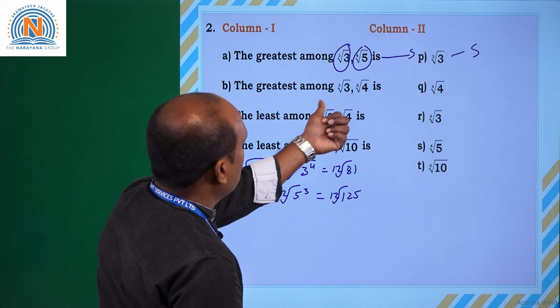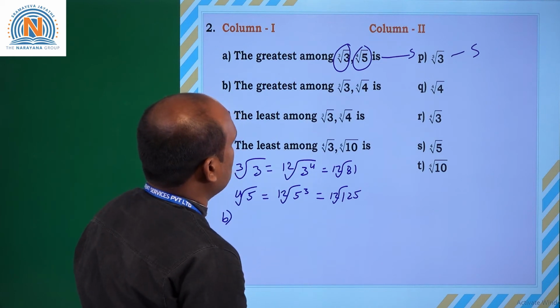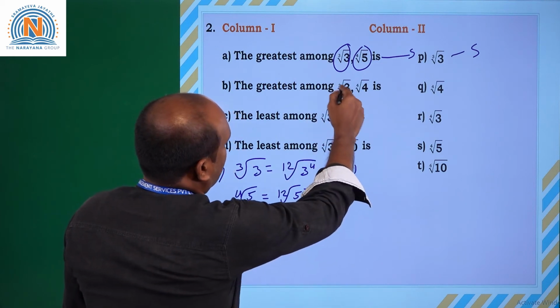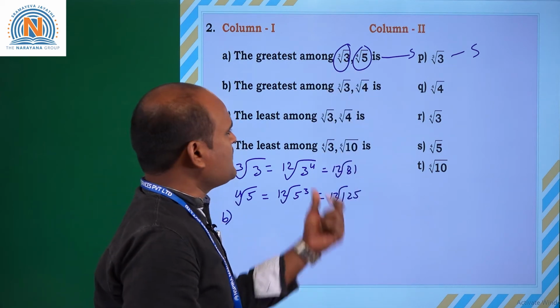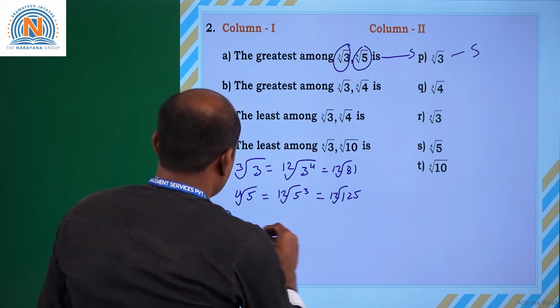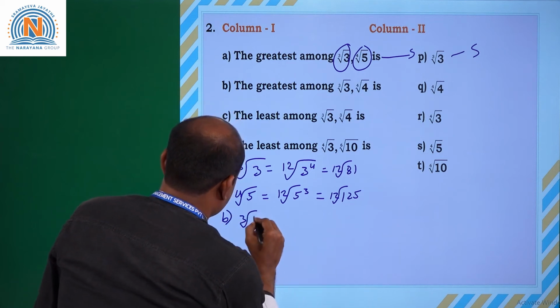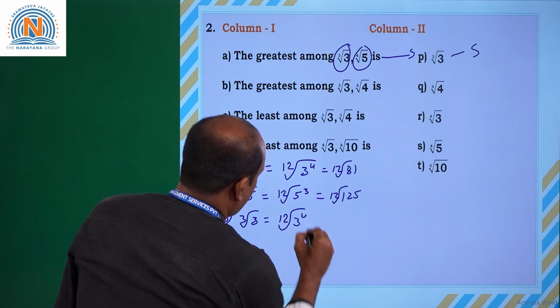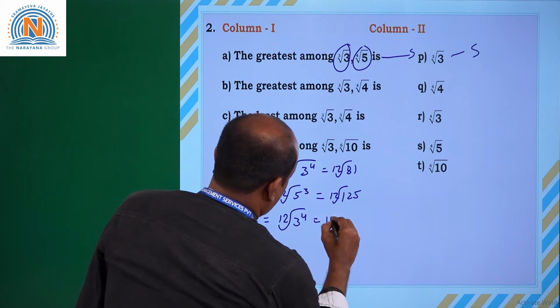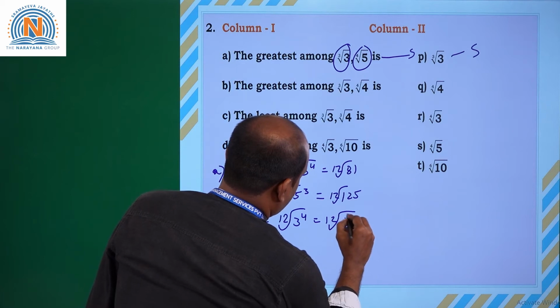The greatest among cube root 3 and fourth root 4. Again, the order of this surd is 3, the order of the other surd is 4. So LCM of 3 and 4 is 12. So cube root of 3 can be written as 12th root of 3 power 4, that is nothing but 12th root of 81.